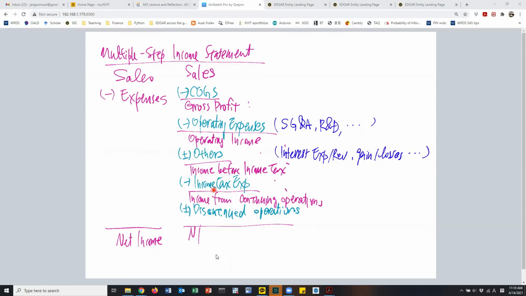We cannot ignore the tax effect, right? After taking out the tax effect, you have income from continuing operations as a profitability measure. What if there are some discontinued operations, right? The business outlook is not good, so you decided to close your business in a certain area, or a certain business, right? Then you have net income.